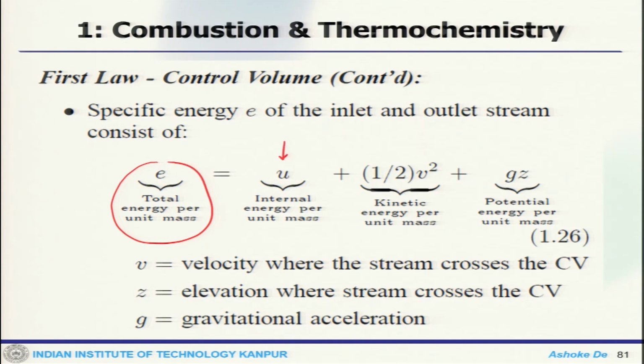If one of these components is not present in a system, it will not contribute; otherwise the total specific energy comes from internal energy, kinetic energy and potential energy, where V is the velocity of the stream crossing the control volume, Z is the elevation where the stream crosses the control volume, and g is the gravitational acceleration. These are standard terminology which are used.